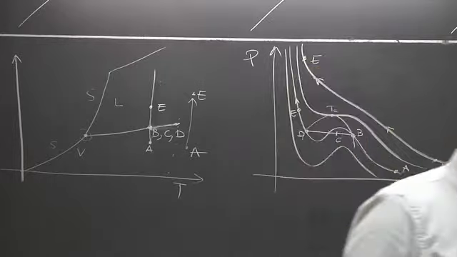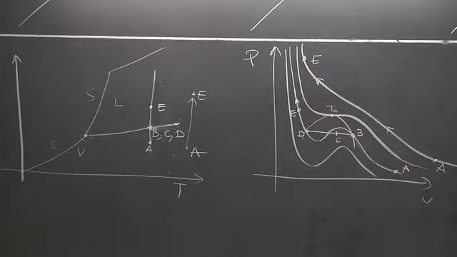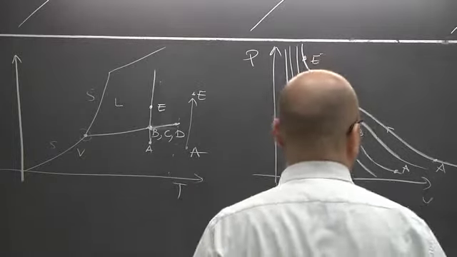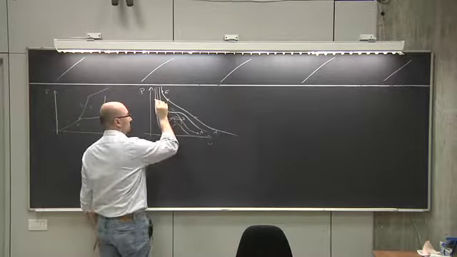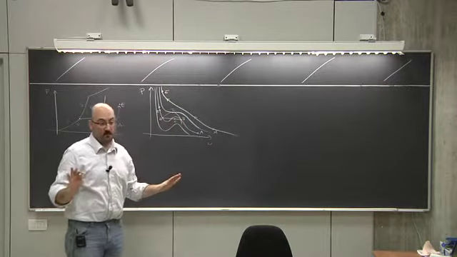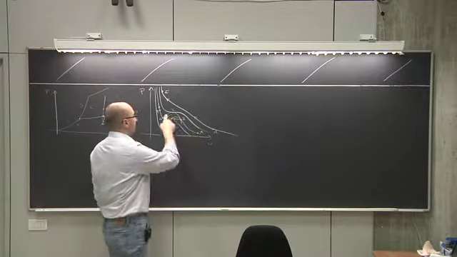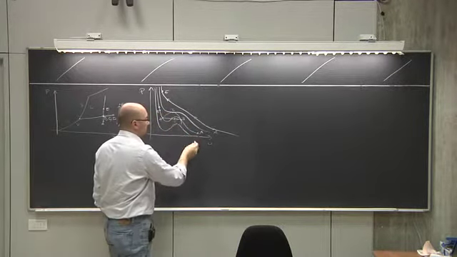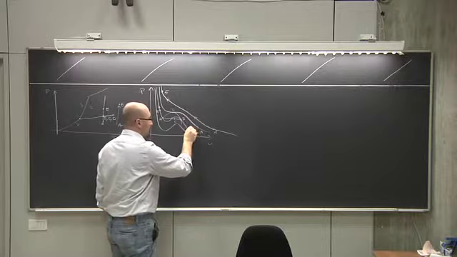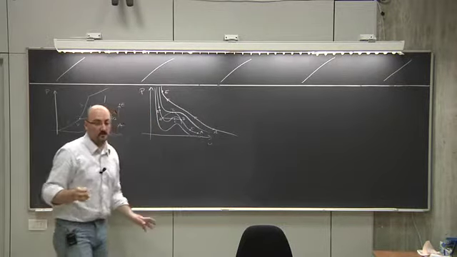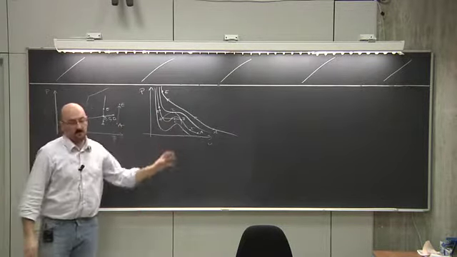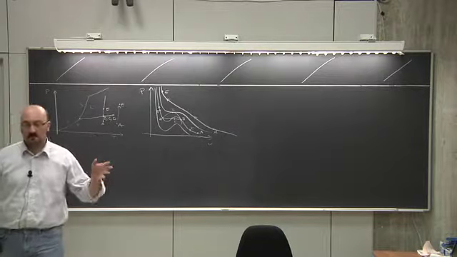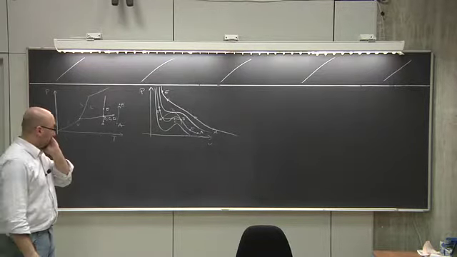All the points on this curve have the same temperature. This point A and point E have the same temperature. Point A and point B have the same temperature. Put another point here, call it F, it has the same temperature. These are isothermal curves. It means that every point on the curve has the same temperature.